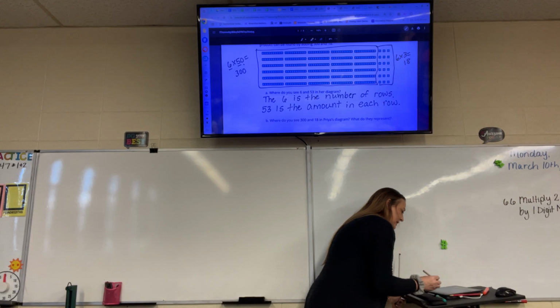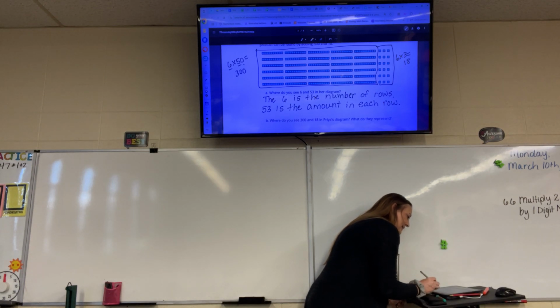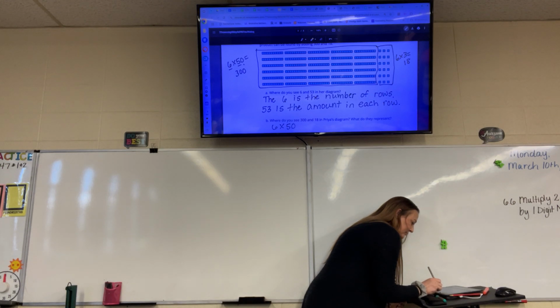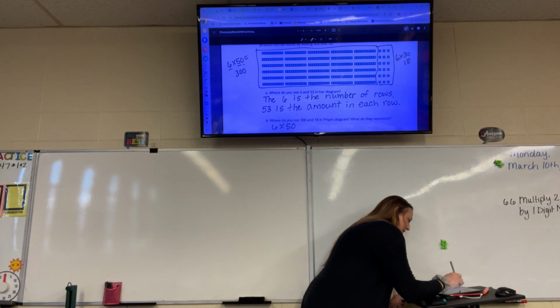Then where do you see the 300 and the 18 in Priya's diagram? 6 groups of 50. Instead of writing that down, let's write this instead.